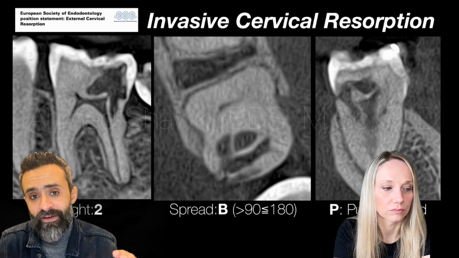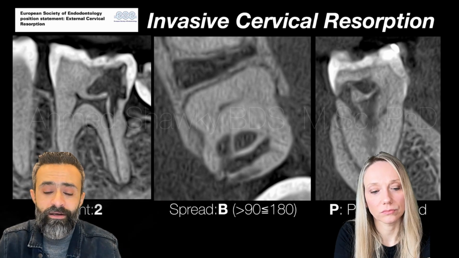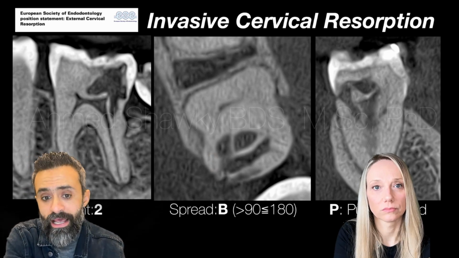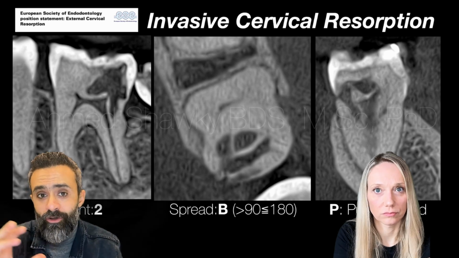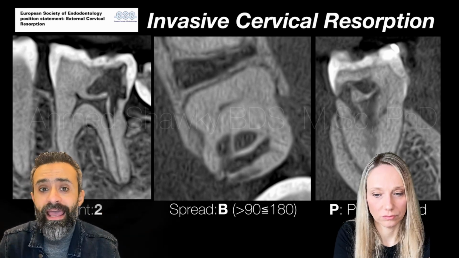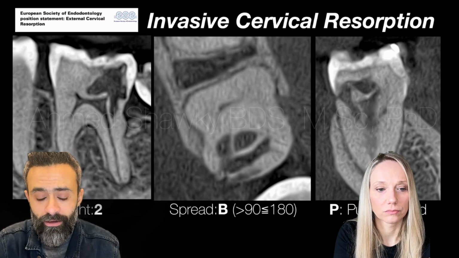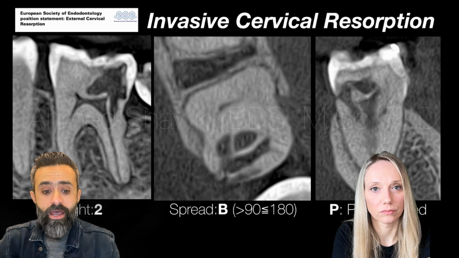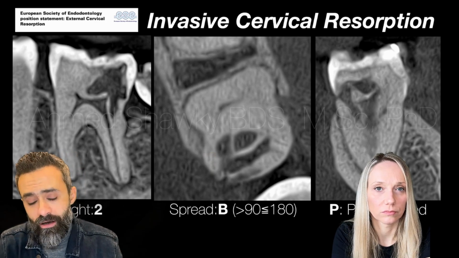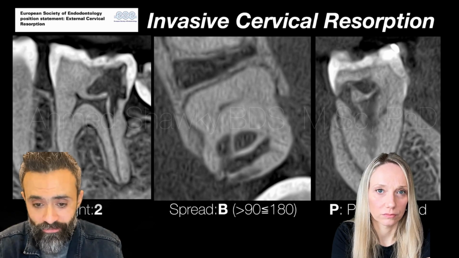And this classification, which is stated, by the way, in the latest European Society of Endodontology position statement on resorption, can help the clinician to categorize whether this tooth can be saved or not, and how you are going to treat that resorbed tooth. And that's why we need to have CBCT in those specific clinical situations.